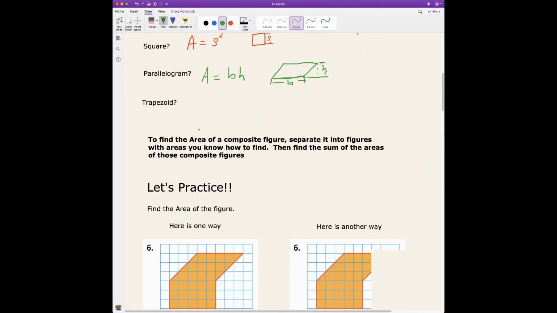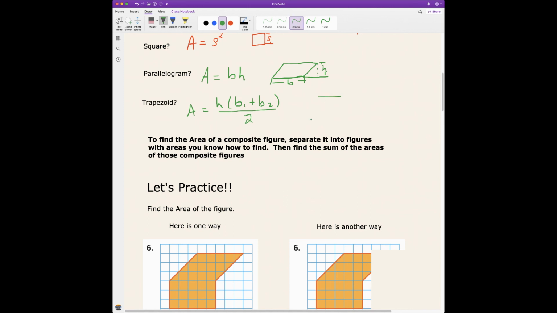And last but not least, I'm sure this is one of your favorites. What is the area of a trapezoid? So the area of a trapezoid equals the height of the trapezoid times base 1 plus base 2, and that is all divided by 2. So let me draw a trapezoid here.